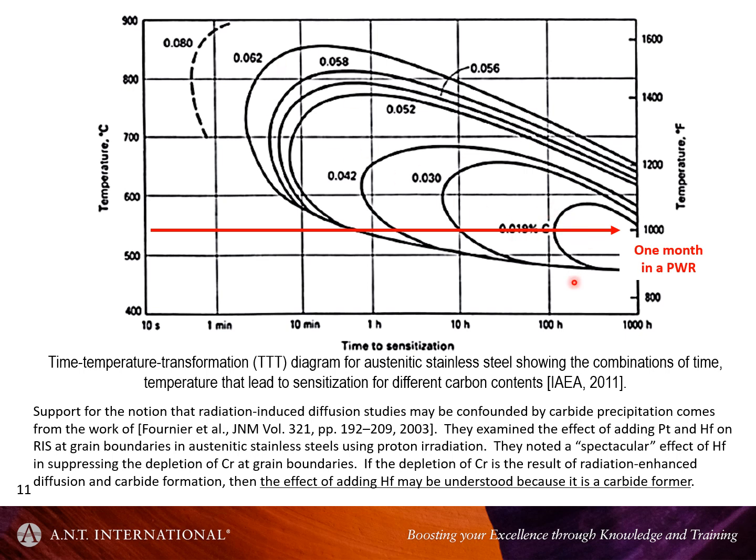This is a TTT diagram for the carbides in austenitic stainless steel. I think it's 304.